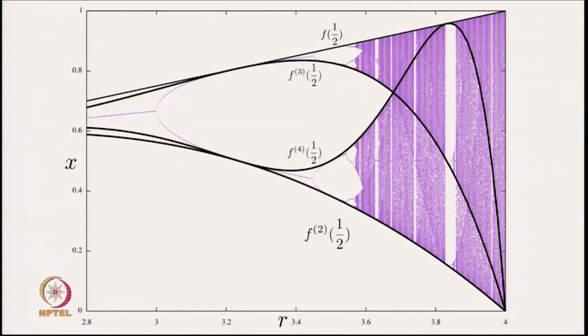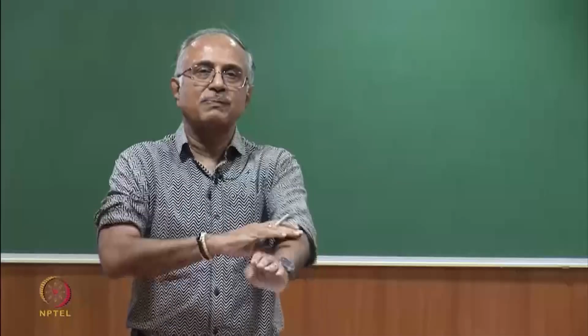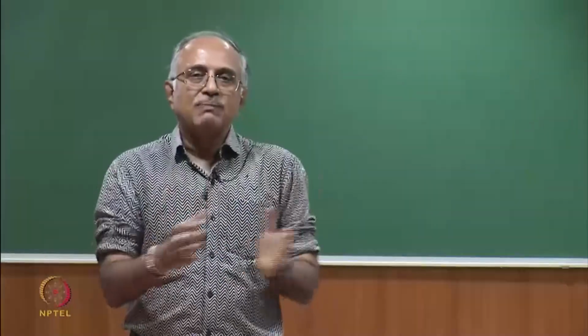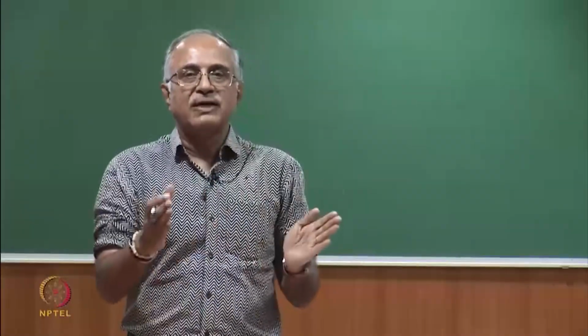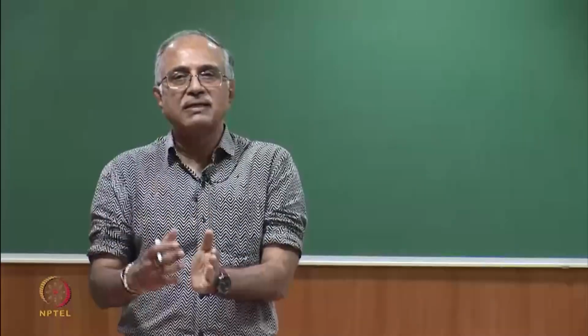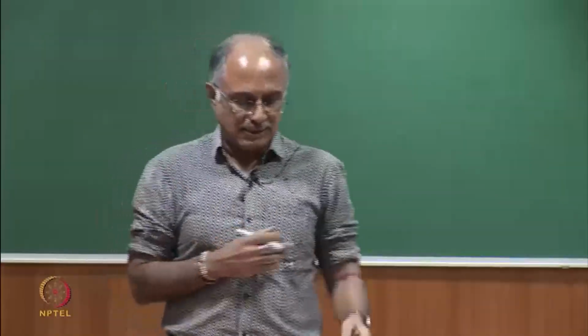So, there on top is the maximum, here is the second iterate of the maximum, here is the third iterate, here is the fourth iterate, and there are even higher order iterates that are sort of visible. All these different curves tell you that in the phase space, points are going to be moving around slower and faster. They are going to tend to accumulate in certain regions and not in certain others.